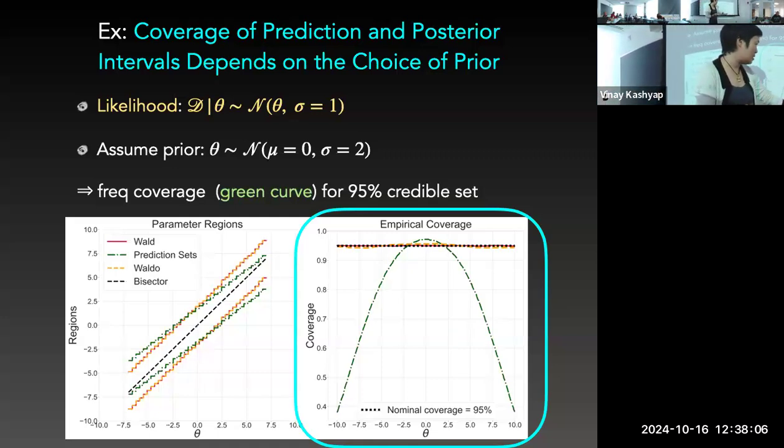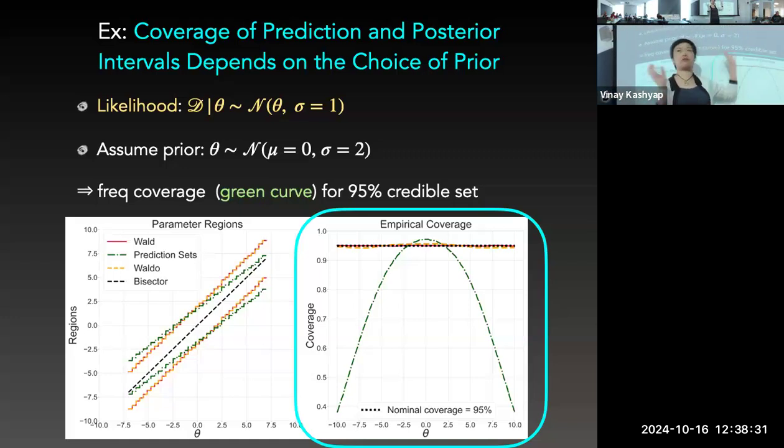If theta is 0, then your credible region will overcover a little bit. It will be pretty close. So if your prior is matched with the truth, it's not bad. But if the prior is at 0, and the true value is far from 0, I can't see the axis, then you undercover, and it can be like 0 coverage.